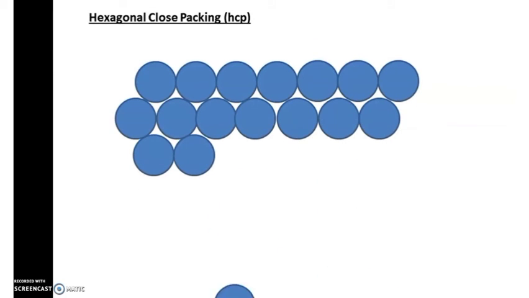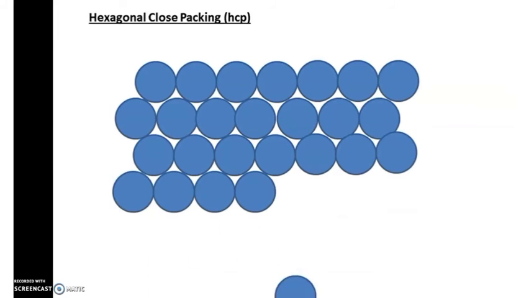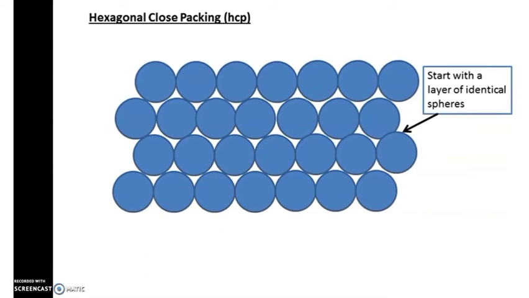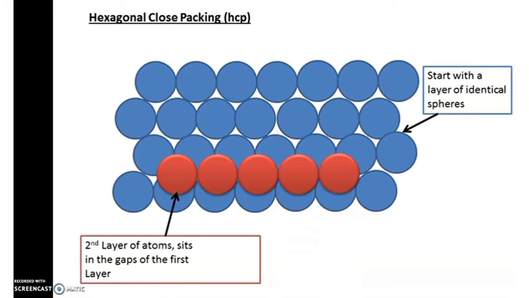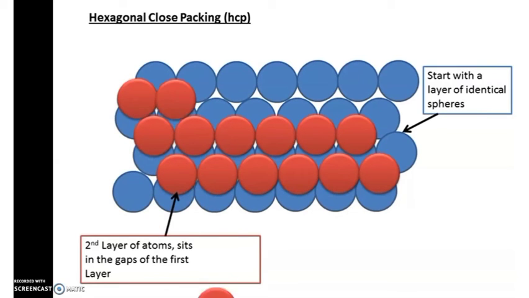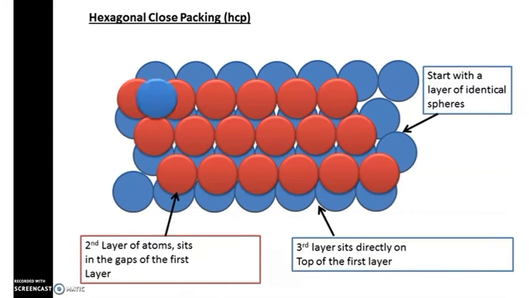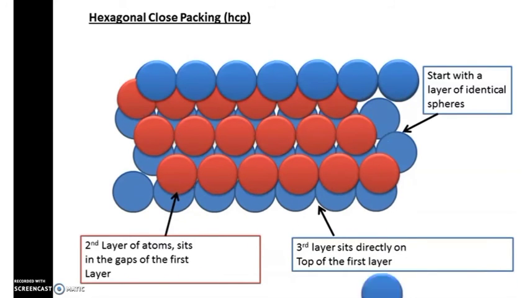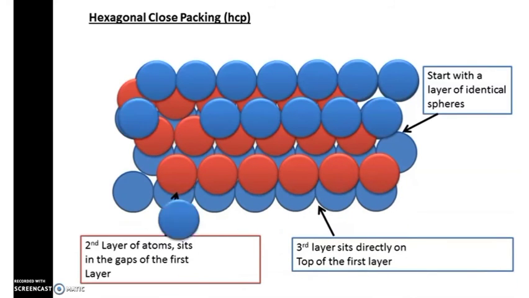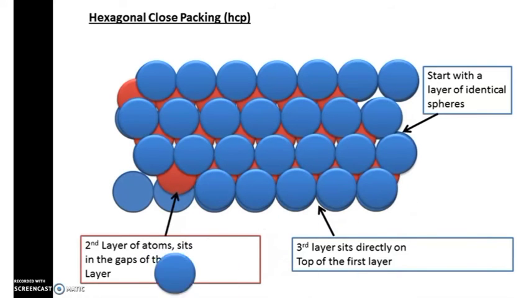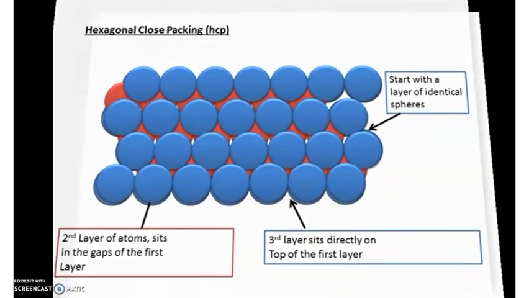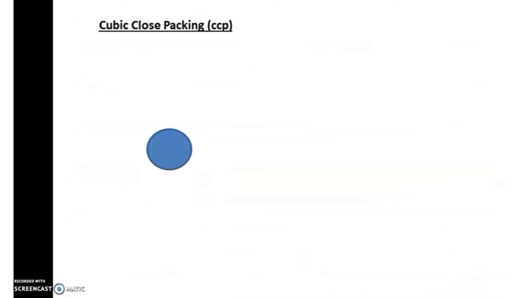So in the hexagonal close packing, we have seen that it is AB type. Start with a layer of identical spheres and the triangular voids which are covered by another layer, that's B type, and the third layer is on top of the first layer. So the first layer and third layer are similar. It's AB type layers.